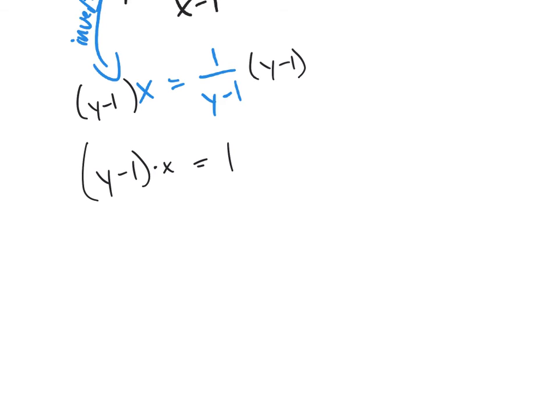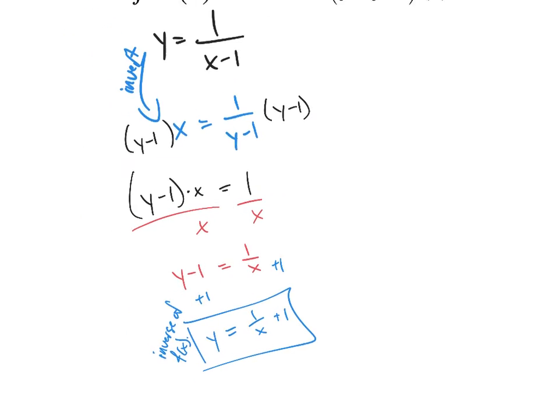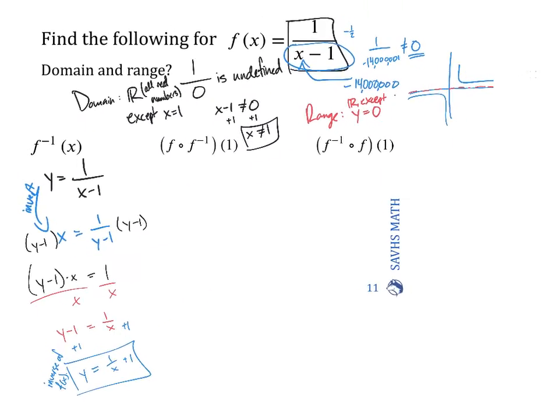If I divide both sides by x, then we get y minus 1 equals 1 over x. And then if we add 1, we get y equals 1 over x plus 1. This is the inverse of the function. Okay, so that's good. We've done that.